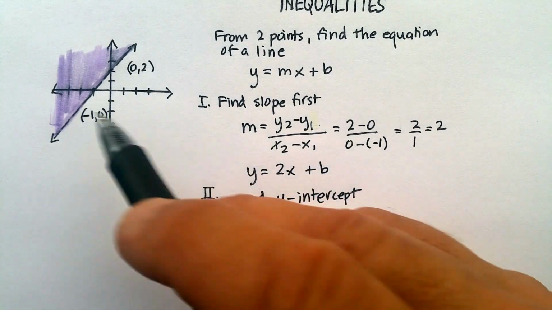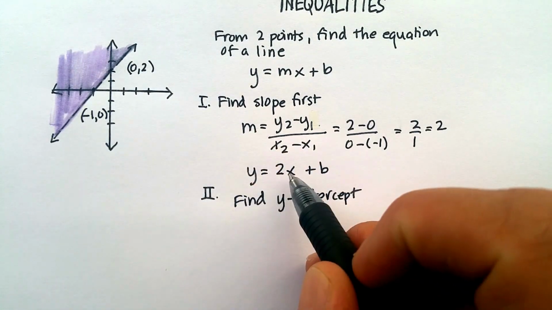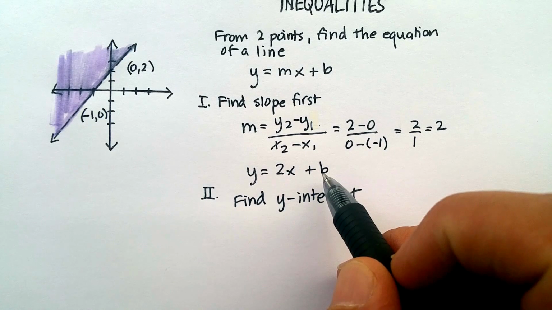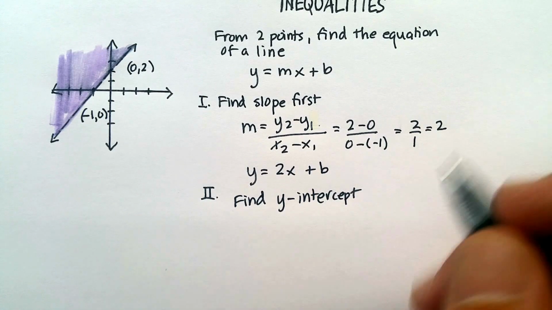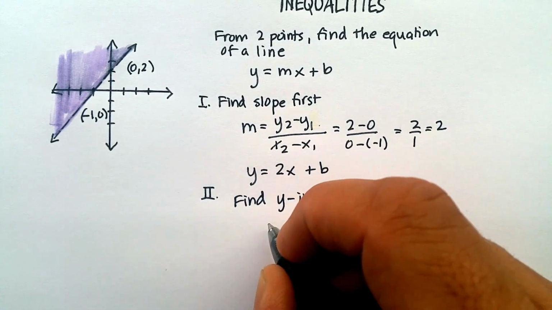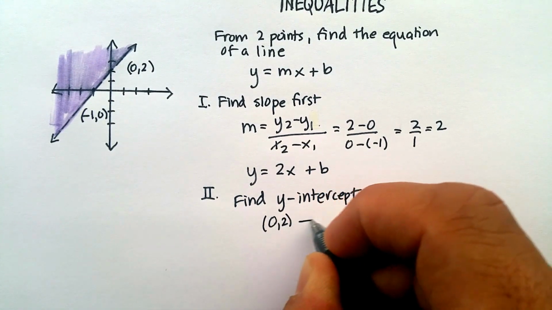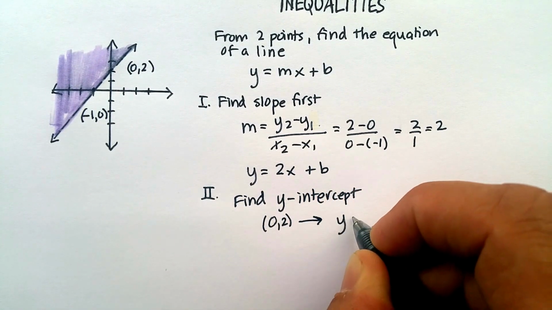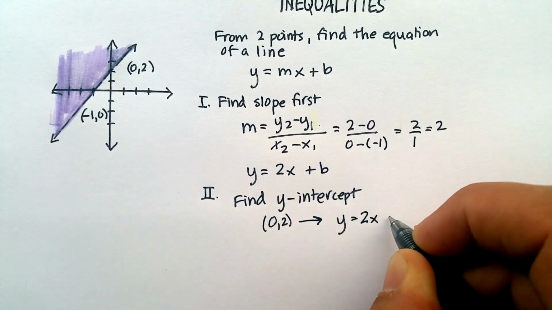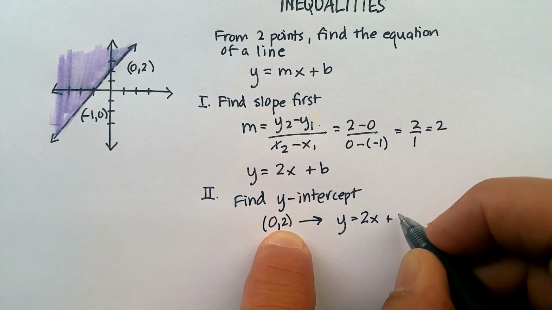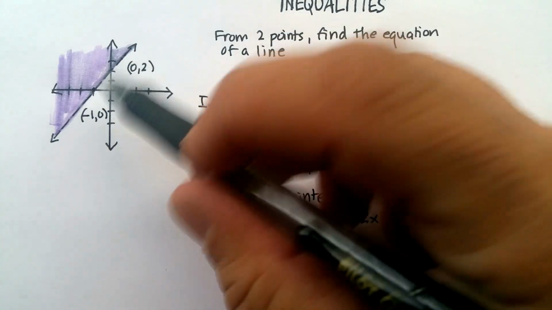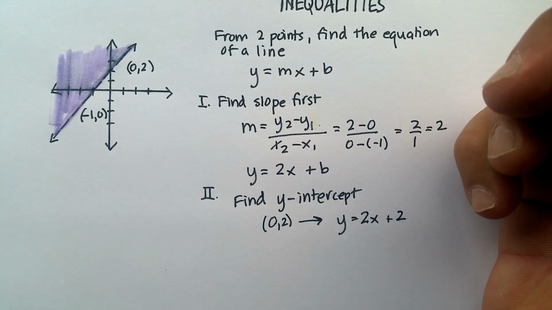Well, I would just take any point and just plug it into the x and the y and solve for b. Okay? In this case, I know that the y-intercept again is (0, 2) though. So I'm just going to plug 2 into y = 2x + b. So that's the equation of that line, y = 2x + 2.